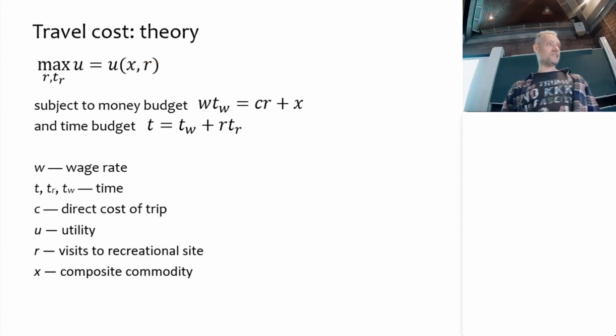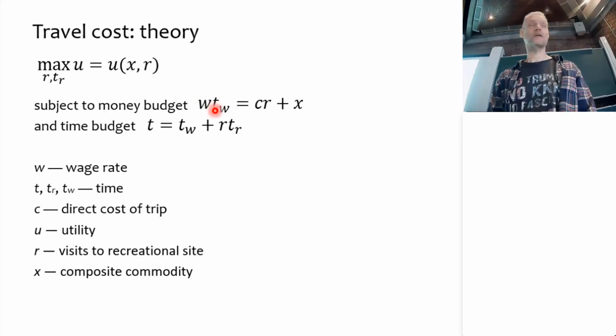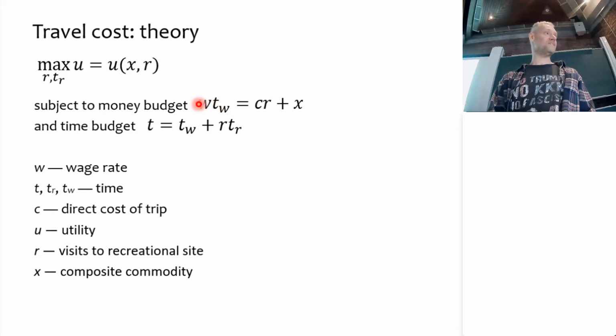And this is a slightly different problem than what you're used to, because we have a money budget. This is your expenditure per visit, and this is your expenditure on other consumption. And of course, you cannot spend more money than you have. So this is the total time that you have, and this is the total time that you work, and this is the wage that you earn, right?